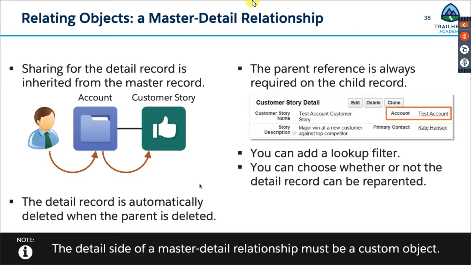So you will only be able to see customer story records for those records for which you do have record access on the account, that is the master of that. Okay, clear? Don't let those confuse you. Record access is the only one that is controlled by the master.